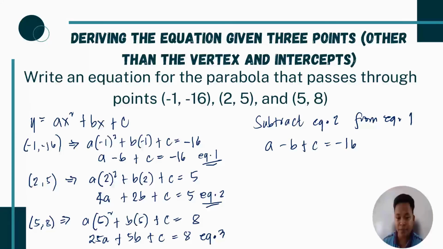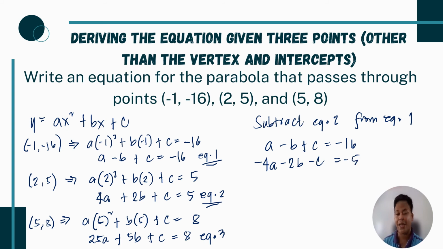And we're going to multiply -1 to everything in equation 2, since we're going to eliminate the value of c. So, it becomes -4a minus 2b minus c is equal to -5.